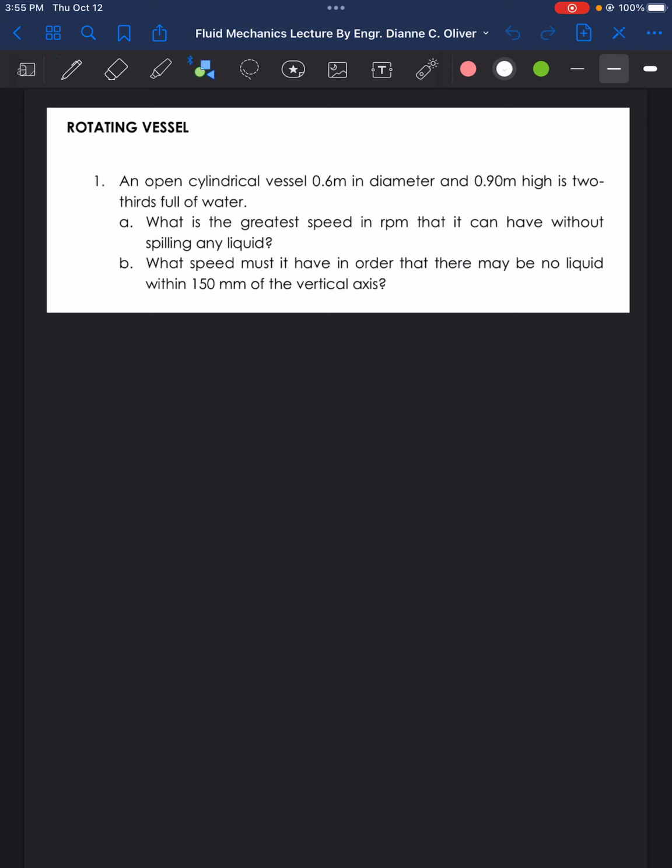So let's draw the vessel. So something like this. So it's 0.6 diameter and that is 0.9 meter high.